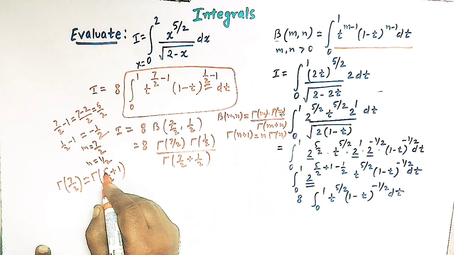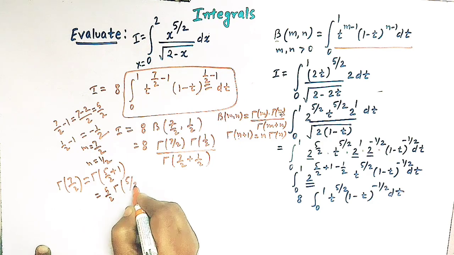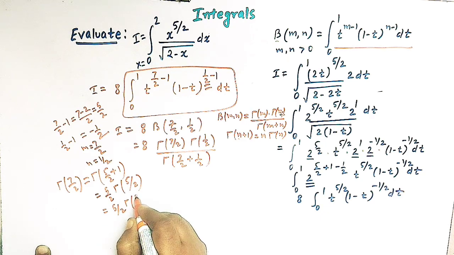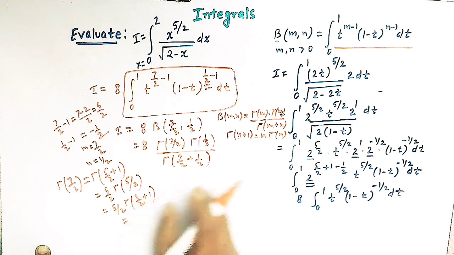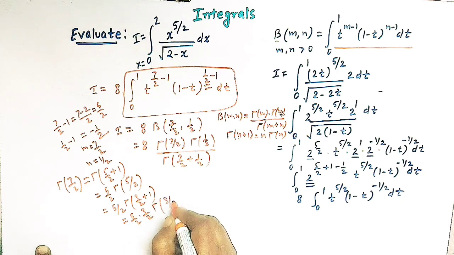Here the value of n is 5 over 2, so we can write 5 over 2 times gamma 5 over 2. Again we can split 5 over 2 as 3 by 2 plus 1, so applying this result again, we have 5 over 2 times 3 by 2 and gamma 3 by 2.